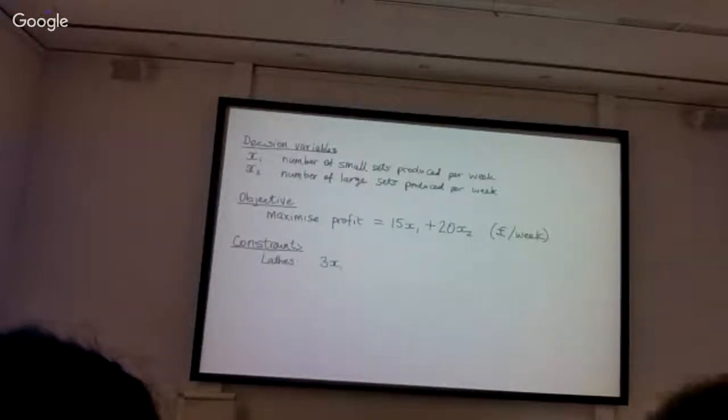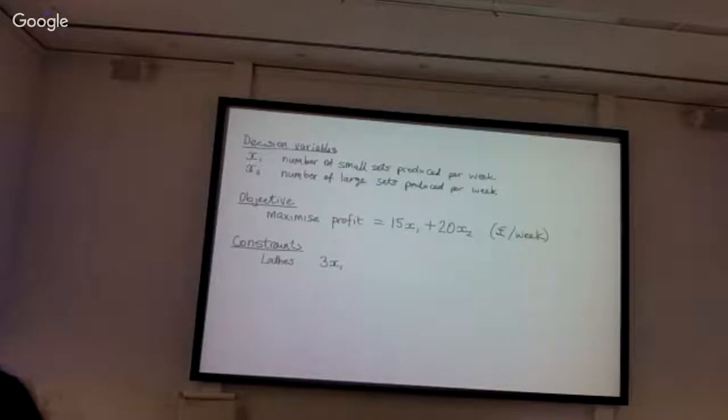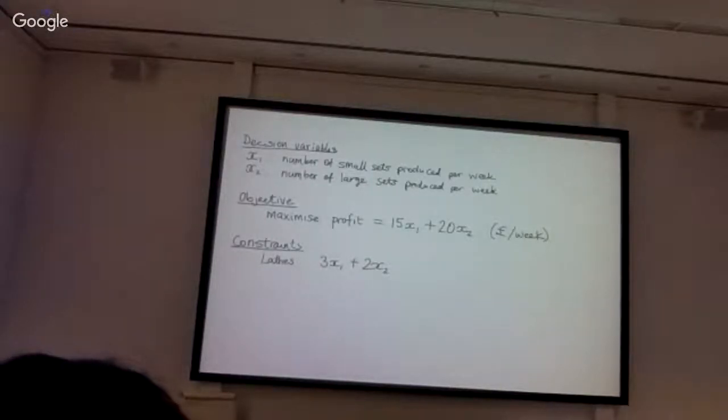3x1 is the number of hours we need for producing the small pieces, okay? And 2x2 is the number of hours we need for producing the large pieces. And the number of hours that's available is 160 because there are 4 lathes and each of them works for 40 hours a week.